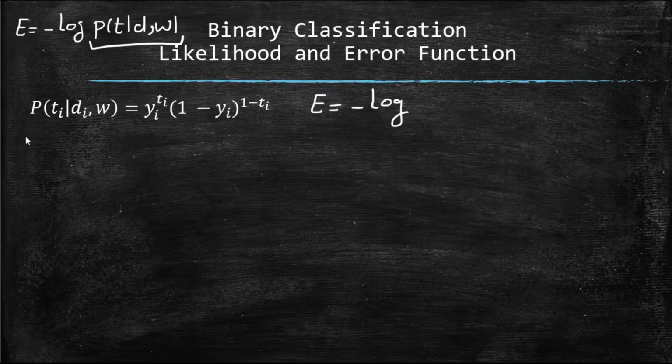So the likelihood of seeing t sub 1 multiplied by the likelihood of observing t sub 2, t sub 3, until t sub n. Okay, so this is the same story that we talked about in the regression problem, the assumption of independence, the IID random variables, if you will.